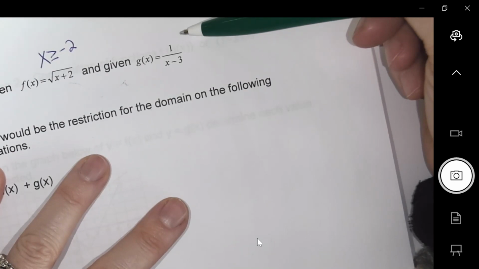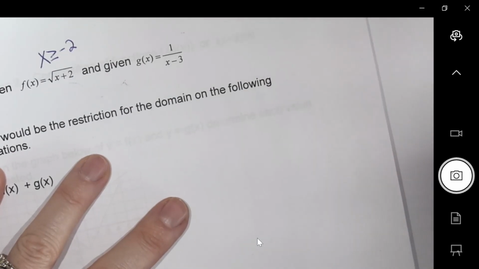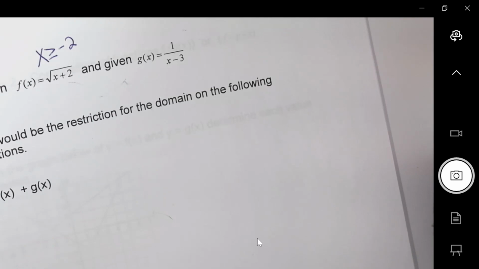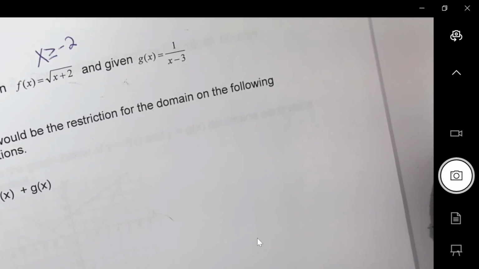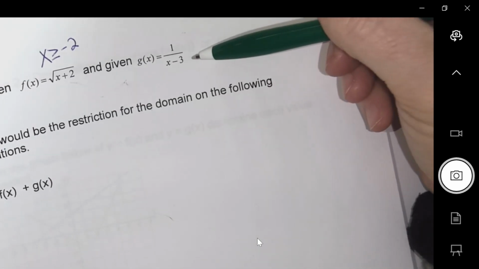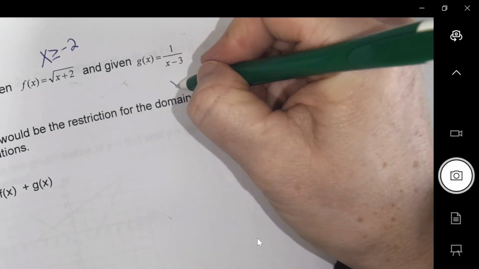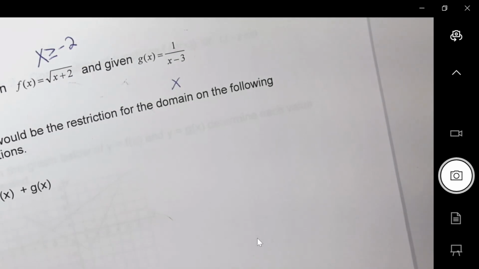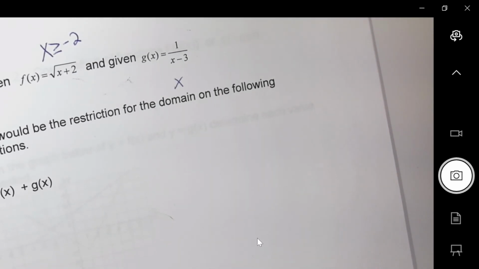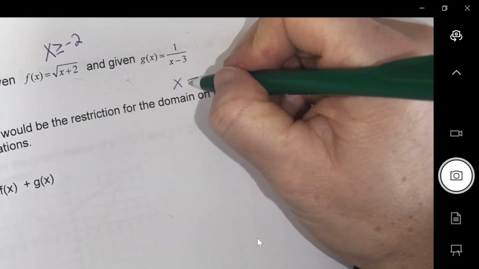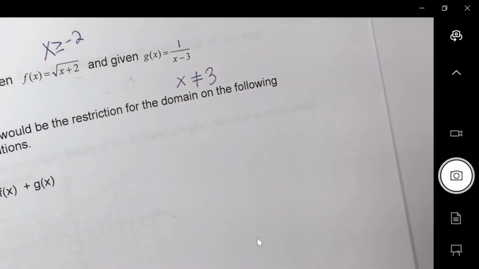And what about this one? Any restrictions with this graph? X cannot equal 3, just that one value.